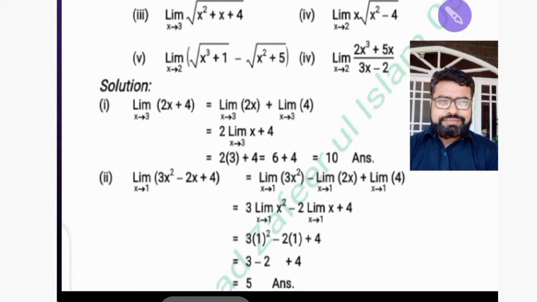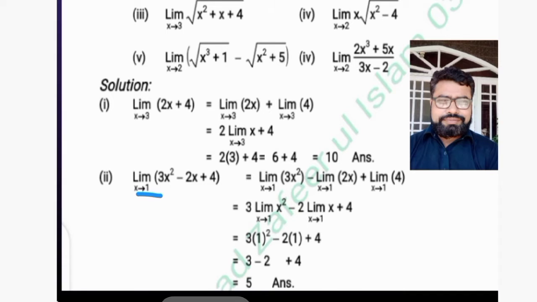Now the second part, as I explained before, as there are 3 terms, so we will write limit x approaches to 1 with 3x square, limit x approaches to 1 with 2x, there is a sign of minus, and we will write limit x approaches to 1 with 4.